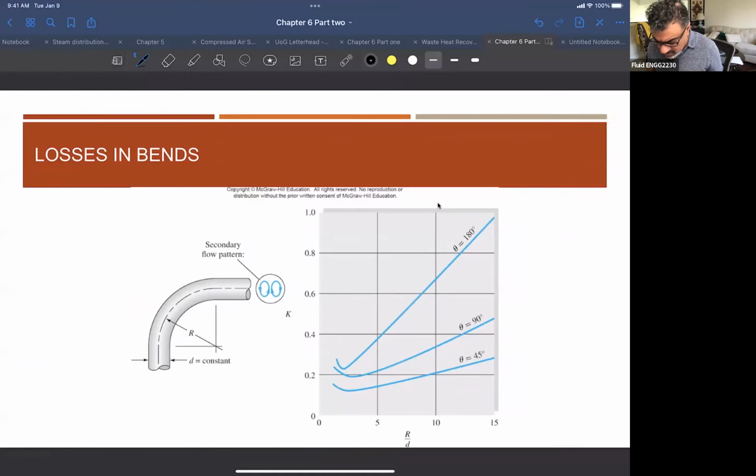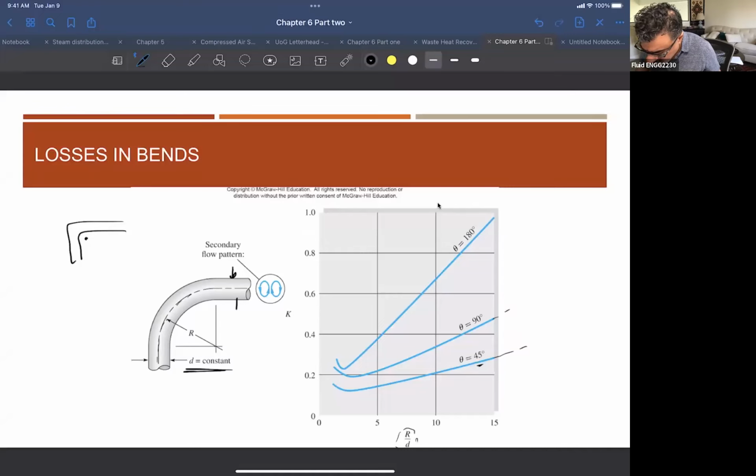Same thing for an elbow. It may be a long radius elbow or a short radius elbow, so it all depends on the curvature of the elbow. You see here R over D, which is the curvature radius divided by the diameter of the pipe, and depending on this ratio you will see different kinds of elbows.